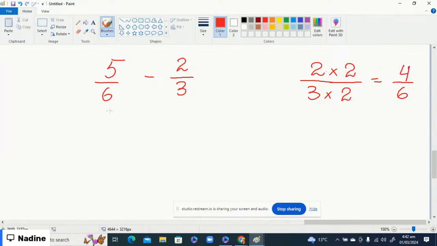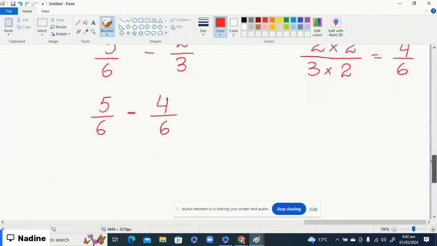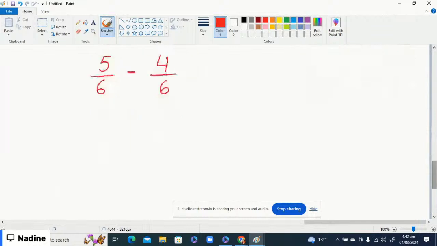So 5 by 6 minus, in place of 2 by 3, we put 4 by 6. The common denominator here is 6. Subtracting 5 minus 4 is 1, over 6.